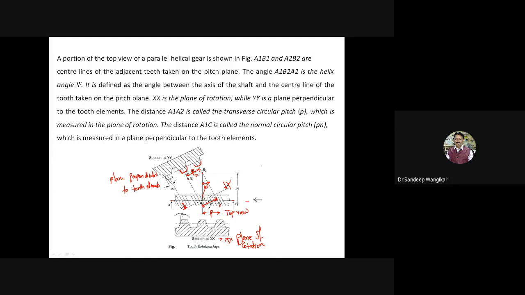Here P is the transverse circular pitch, Pn is the normal circular pitch, alpha is the transverse pressure angle, and alpha n is the normal pressure angle. In this case we call it a module, and in this case we call it a normal module.